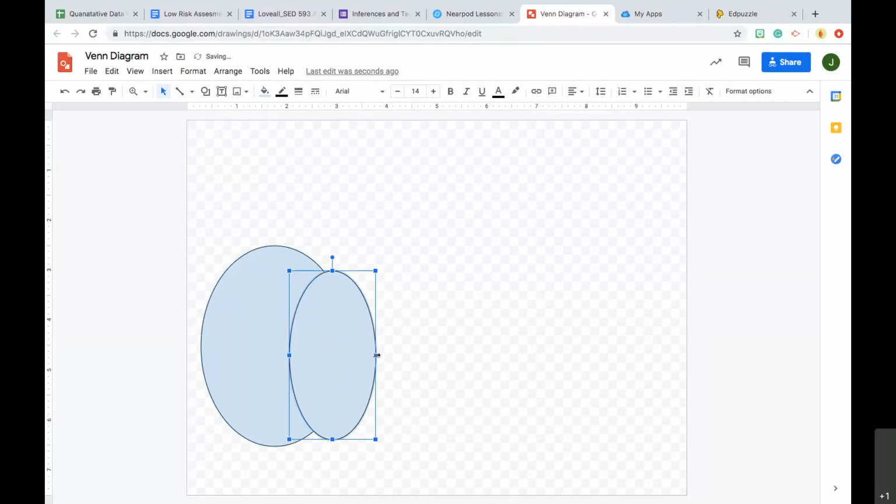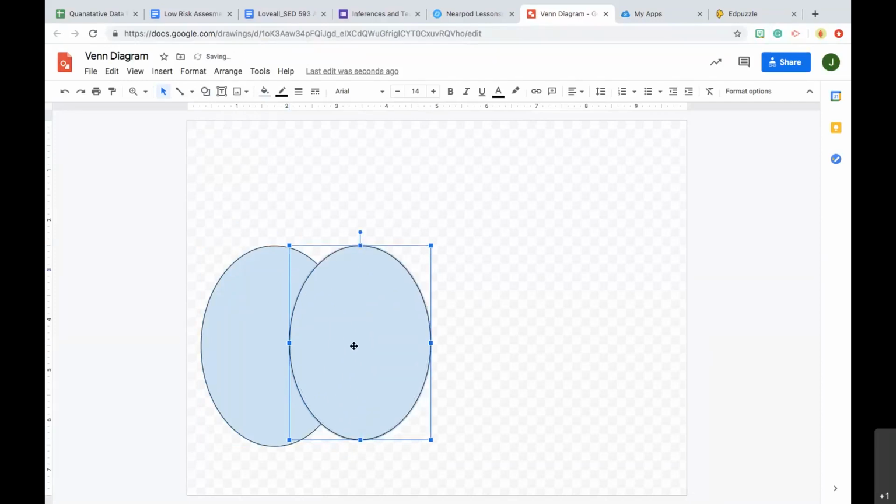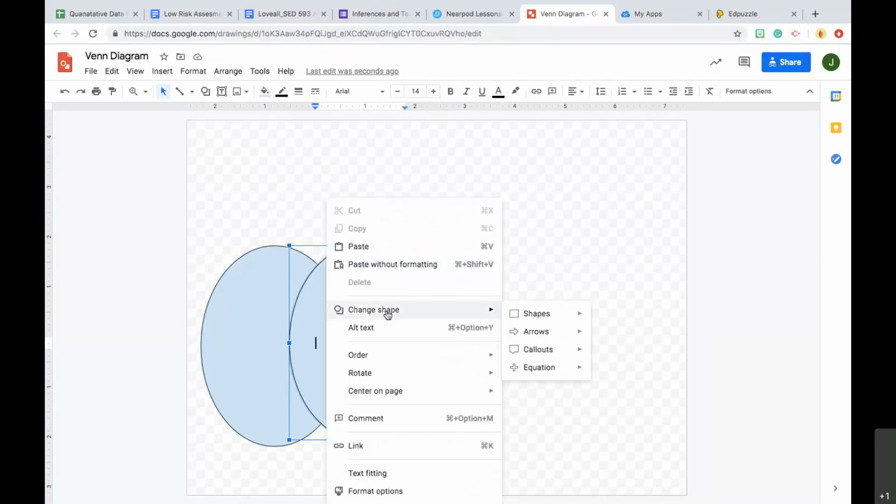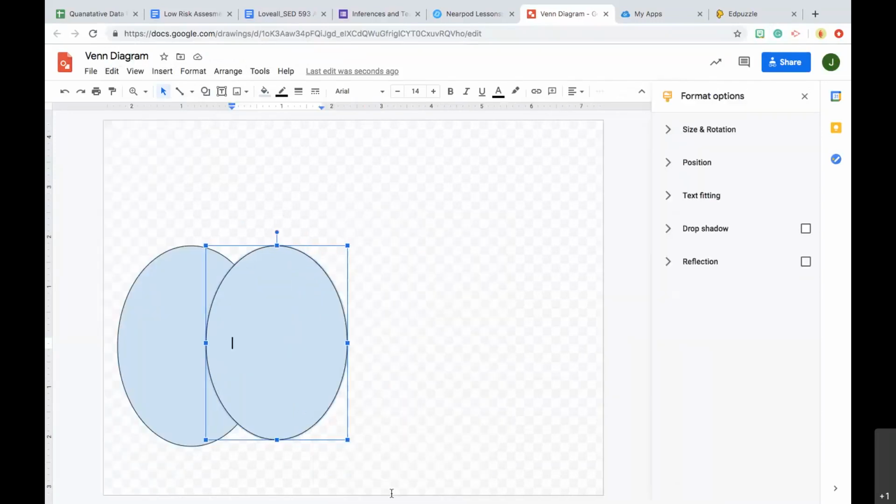So I can resize this. I can also make these transparent, just so you know, when you're editing them. So change shape, we got the shape, formatting options.